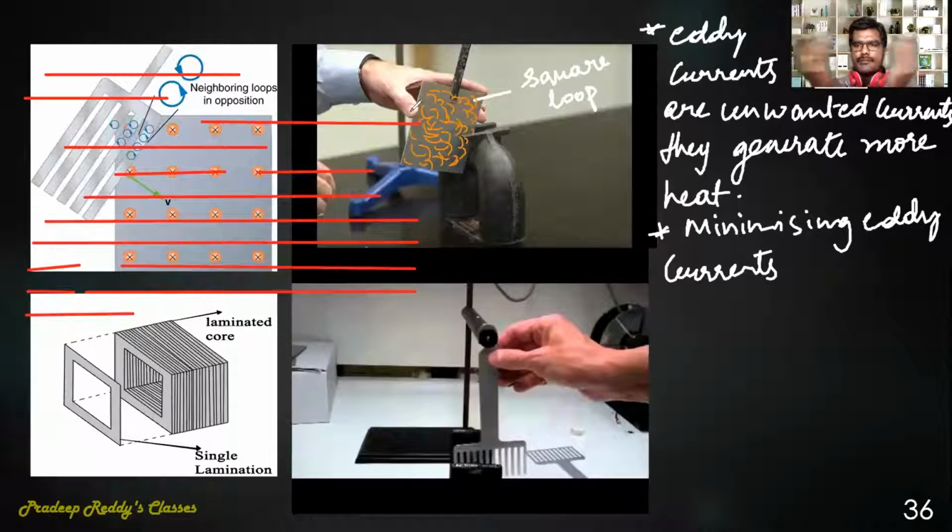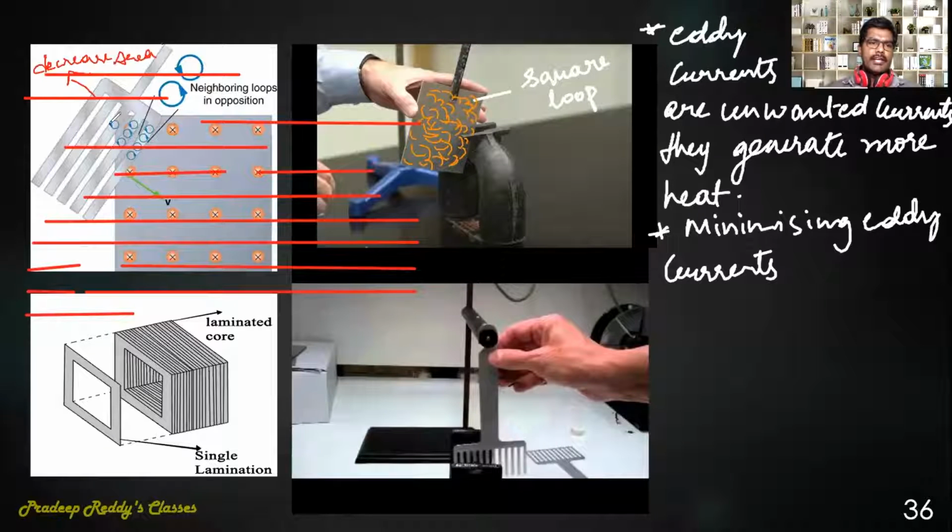Now as the area is extended, throughout that area there will be eddy currents produced. What we need to do is decrease the area. I am just decreasing the area, just like how I have done here. I'll just cut this in the form of a fork.